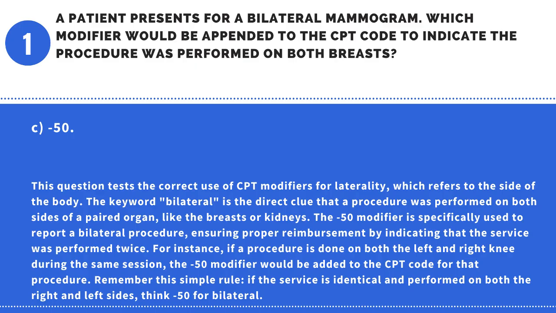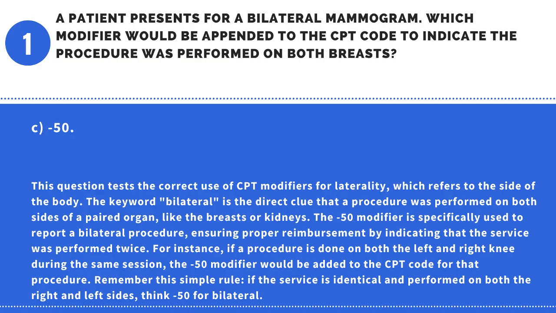the body. The keyword bilateral is the direct clue that a procedure was performed on both sides of a paired organ, like the breasts or kidneys. The -50 modifier is specifically used to report a bilateral procedure, ensuring proper reimbursement by indicating that the service was performed twice.